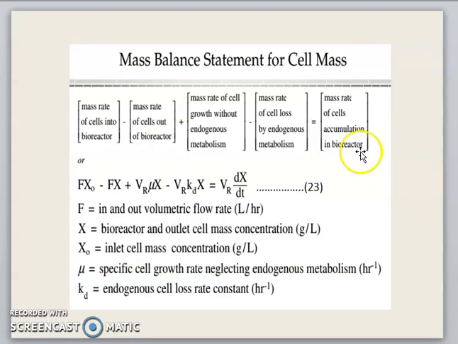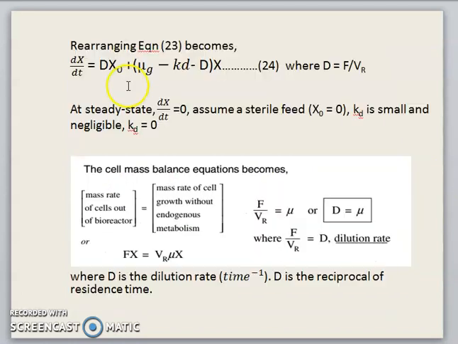From the previous equation, equation 23, you rearrange it and it becomes equation 24: dX/dt = DX0 + (μg − kd − D)X. Here D refers to the dilution rate.